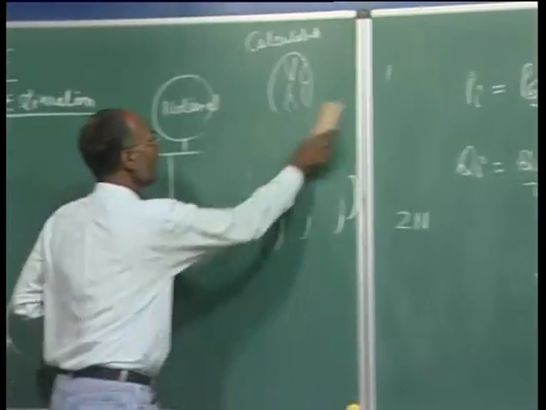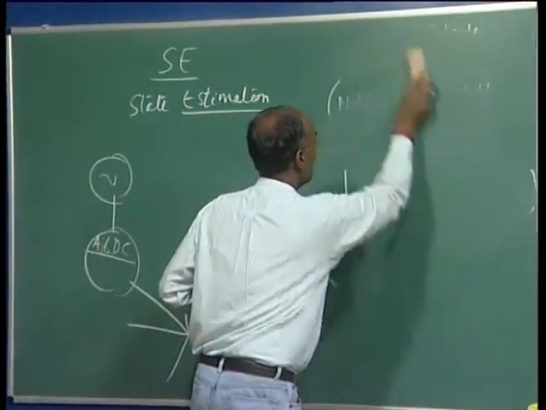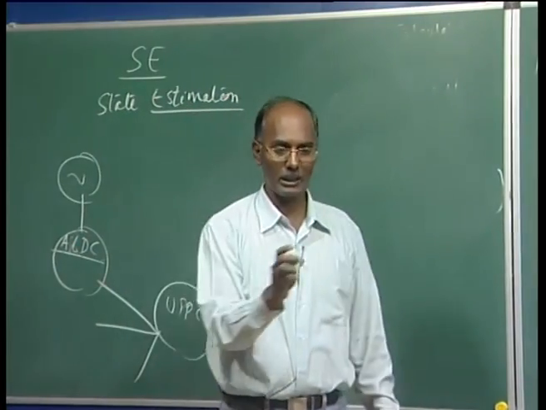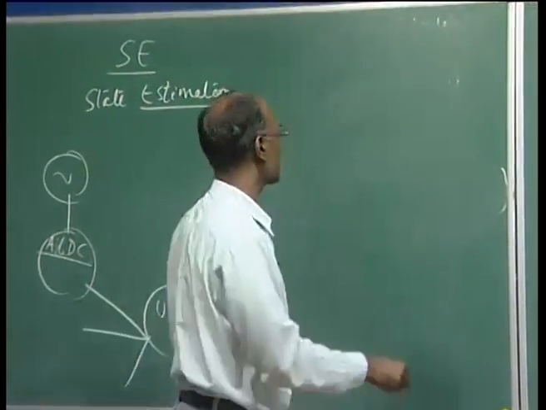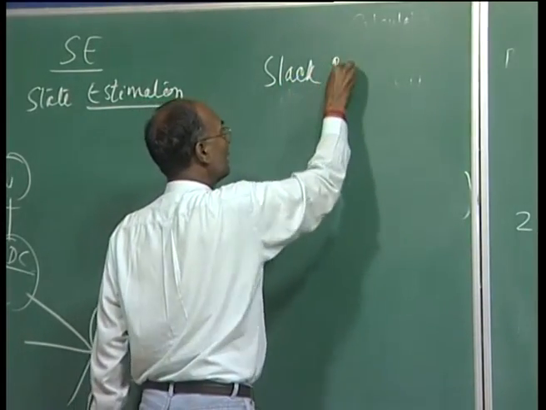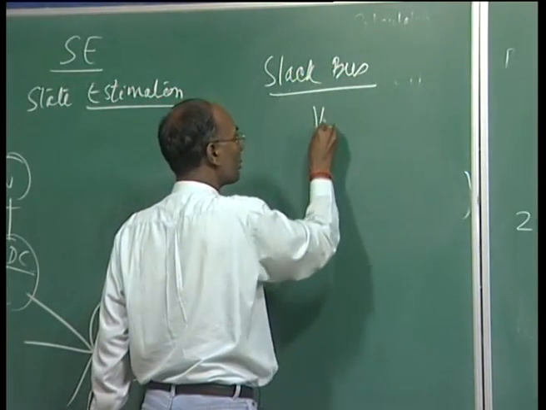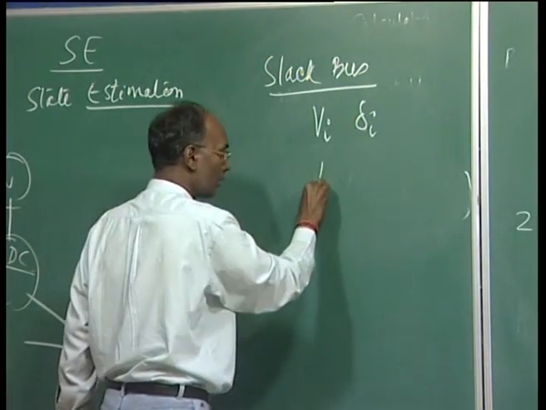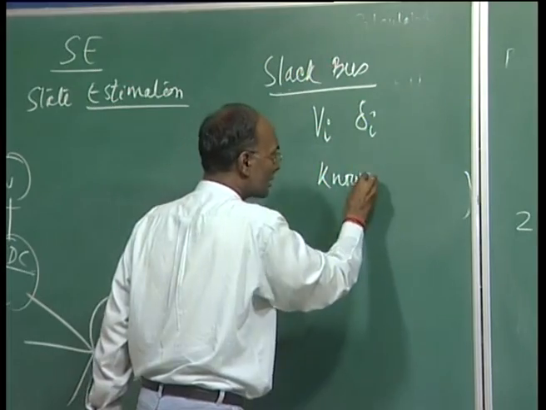In the system we define that one bus should be a reference bus, from where the angle can be relatively changing. That is called the slack bus, or sometimes the reference bus, where we fix the voltage and the angle. These are the known values, fixed.